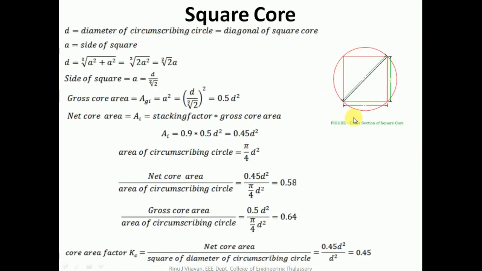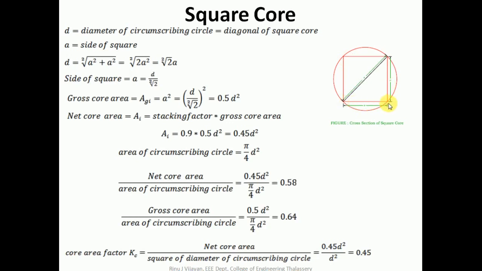Next, we are going to obtain the core area factor and two other ratios associated with the different types of cores. First, we are going to see the case of a square core section. In this diagram, this portion represents the square core section, and this one is the circumscribing circle. The diameter of the circumscribing circle is the same as the diagonal of the square core.